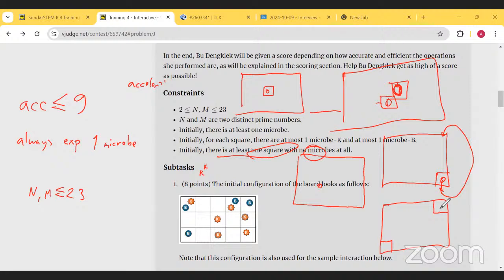So we can make sure there is at most one microbe. If there is a microbe, we can do the experiment. If there is no microbe, just leave it empty. And also about this location.